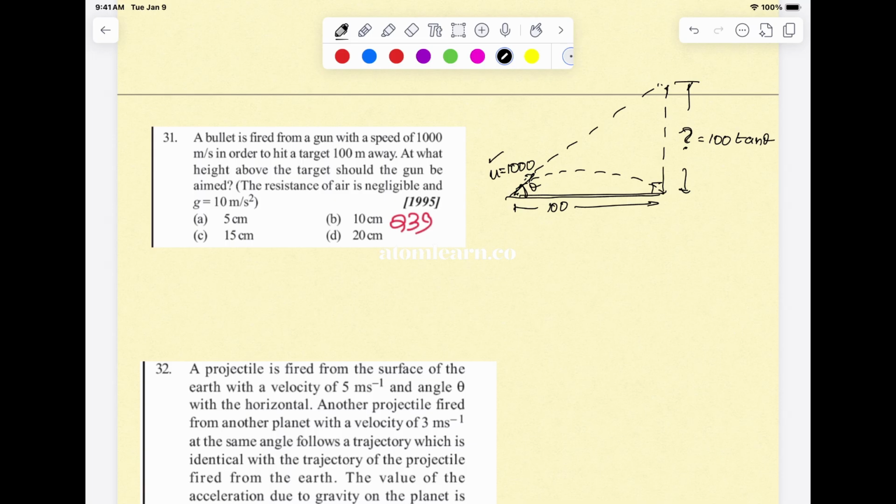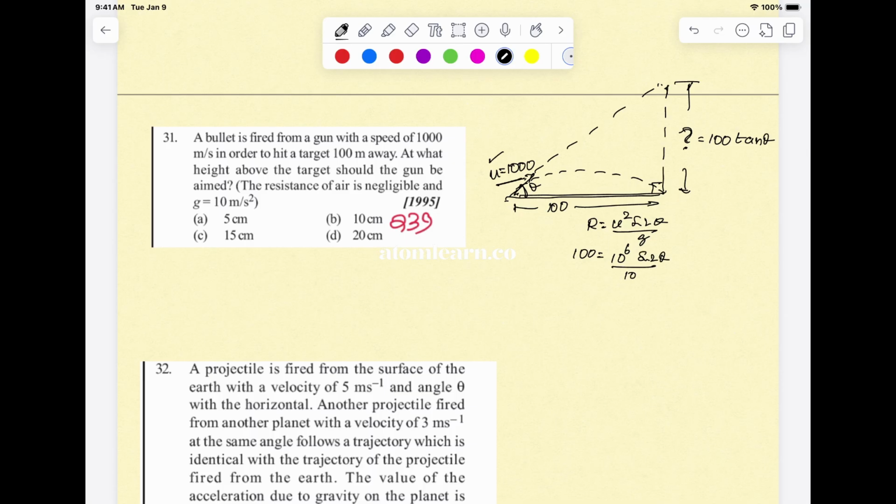But how do we take out theta? What is given is u equals 1000 and the range is 100. Therefore we can think of the formula: range equals u squared sine 2 theta by g. Range is 100, u squared is 1000 squared, which is 10 power 6, sine 2 theta unknown, divided by g, 10.